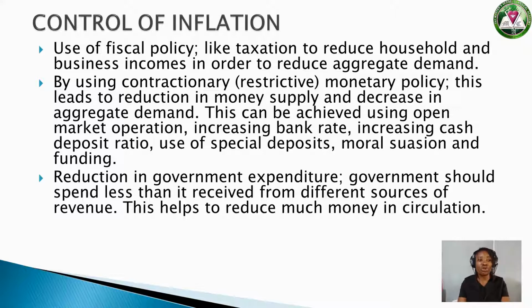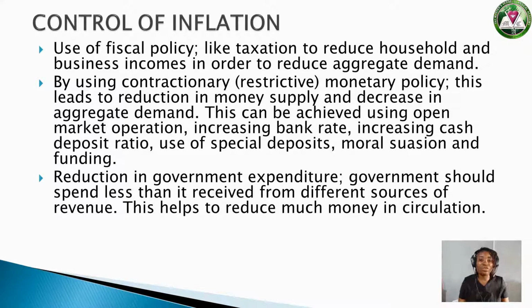So let's look at the next point. We have use of contractionary or restrictive monetary policy. Now the government can achieve this using open market operation, increasing bank rates, increasing cash deposit ratio, use of special deposits, moral suasion, and funding.